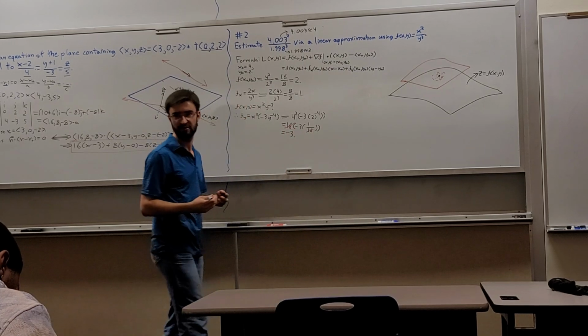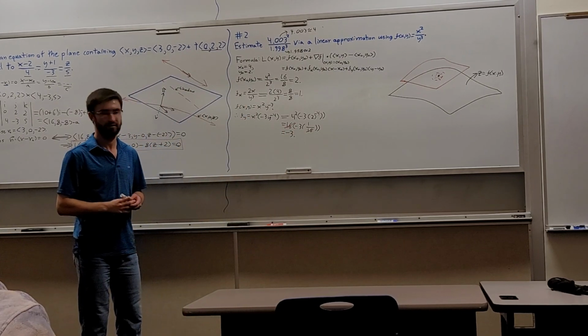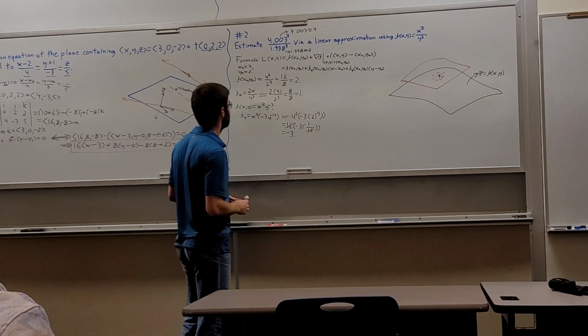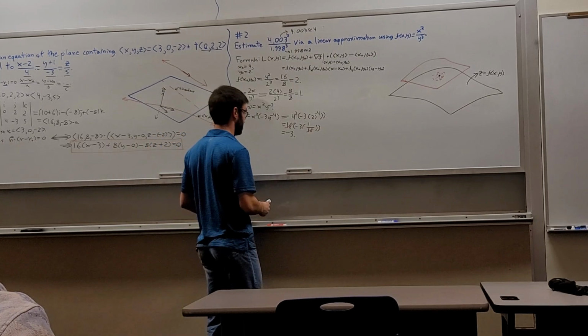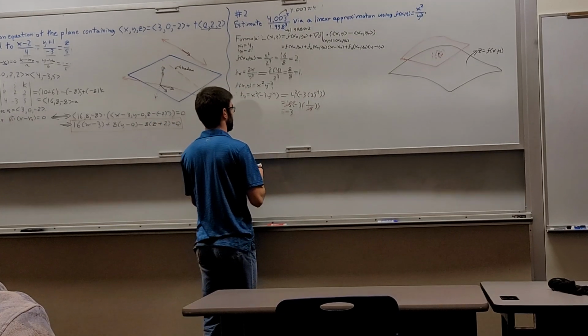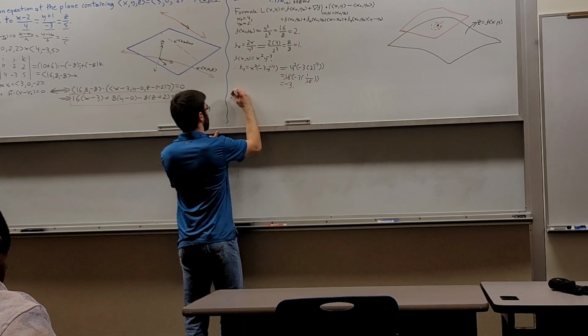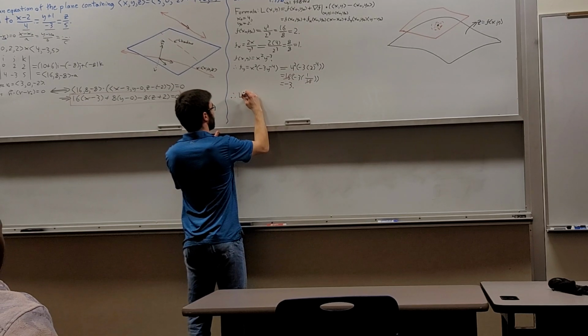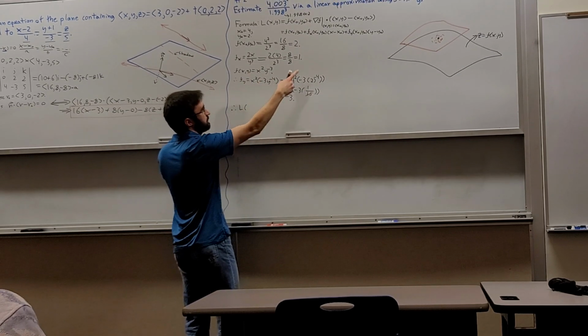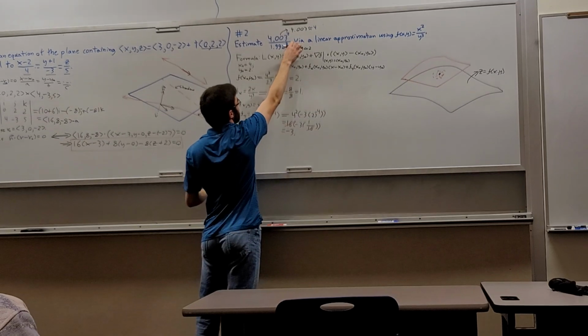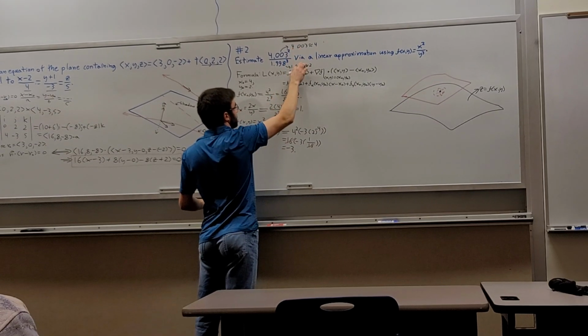So I got -3. Okay, so everything we need, so now we'll just plug everything in. So instead of L of x, y, we'll now have L of that number, comma that number.